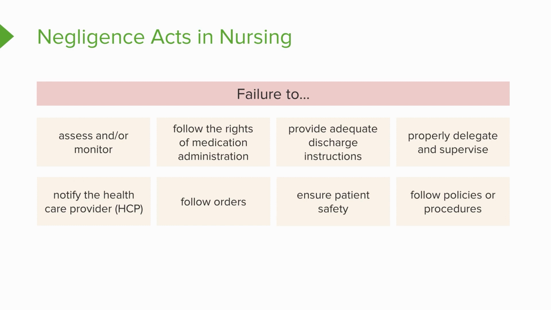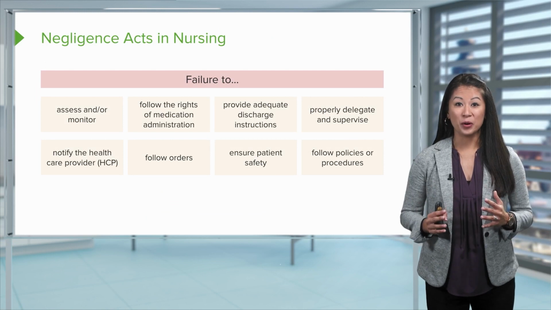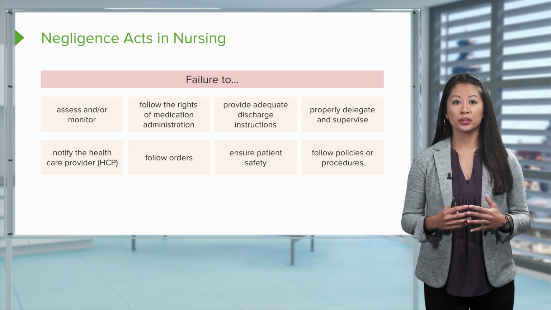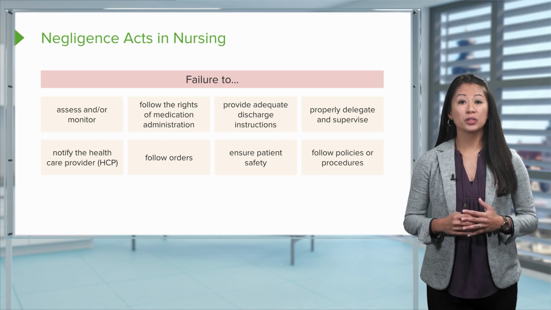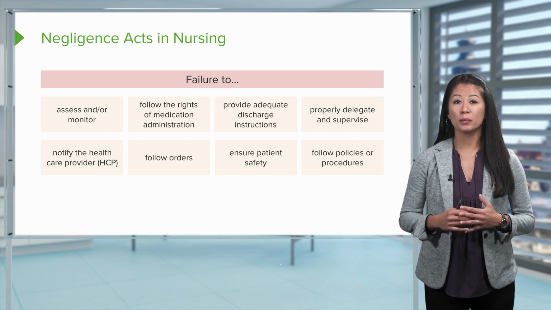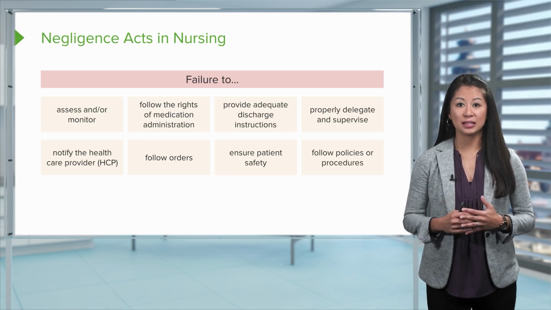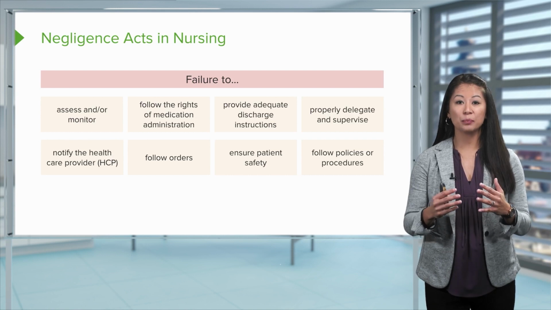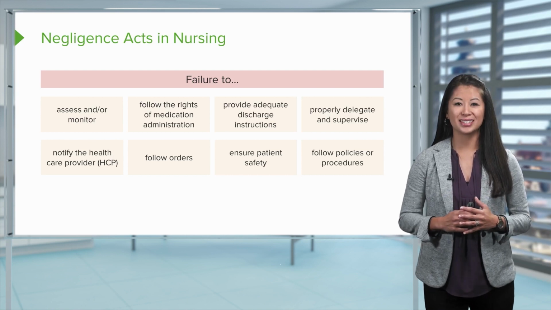Now this gets a little tricky. There are a lot of them, but you typically have resources at your fingertips on your unit to refer to. Also, don't forget about your charge nurse or maybe a nurse you trust to help find these, but we are responsible as nurses to follow the policies and procedures of our healthcare agency.